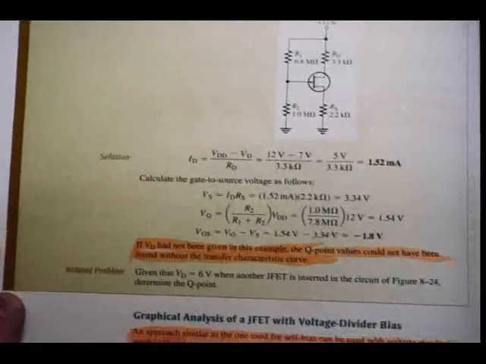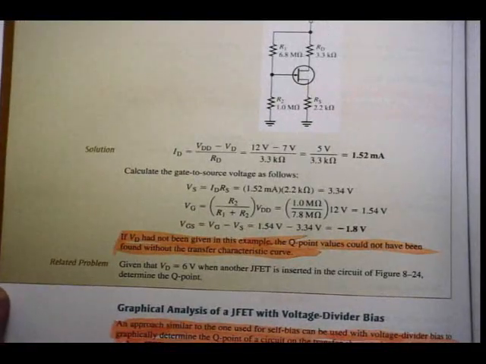Alright, we look at the solution. ID, just using the formula, (VDD minus VD) over RD, I get a current of 1.52 milliamps. I must stress again, remember that calculations in this textbook are not accurate to 3 decimals. You have to do it accurately to 3 decimals and express your answers in engineering notation.